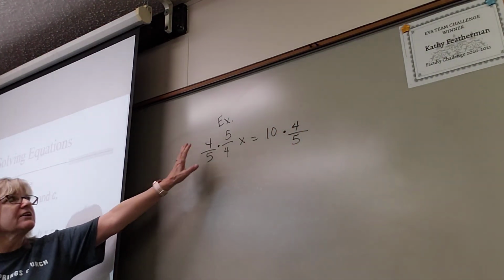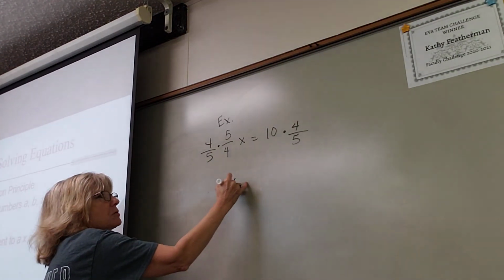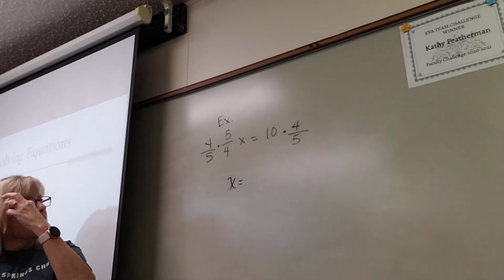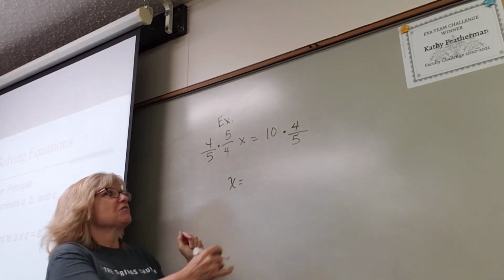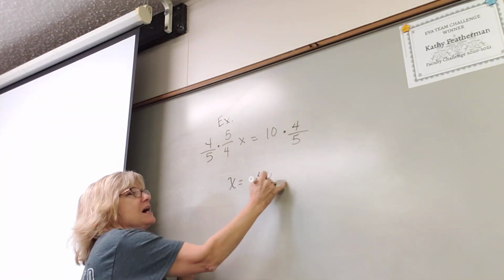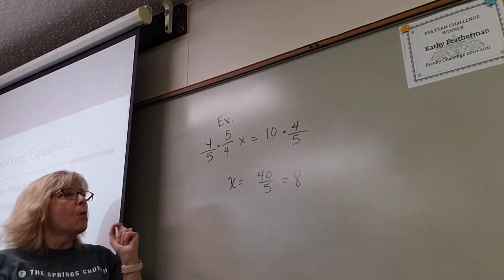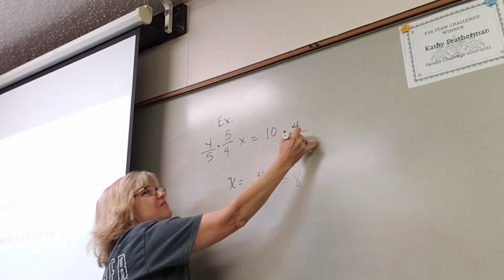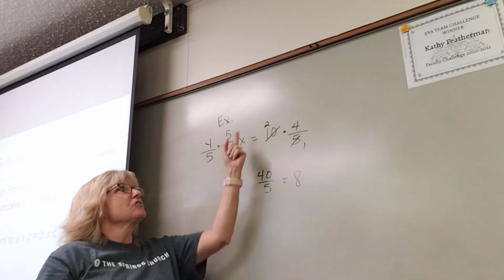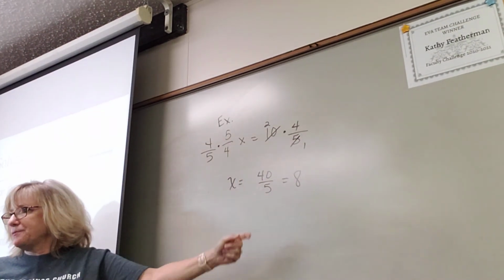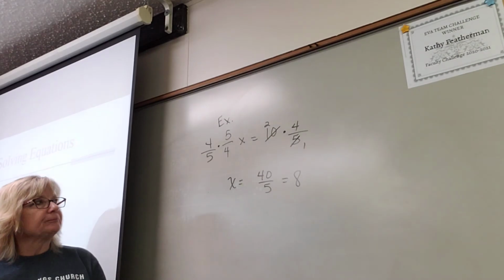That's going to clear the coefficient on this side, giving me just x. Two ways that you could approach this: go ahead and multiply across, which would give you 40/5, which reduces to 8. Or you could simplify first and say 5 goes into 5 once, 5 goes into 10 twice, 2 times 4 is also 8. Both approaches are valid.